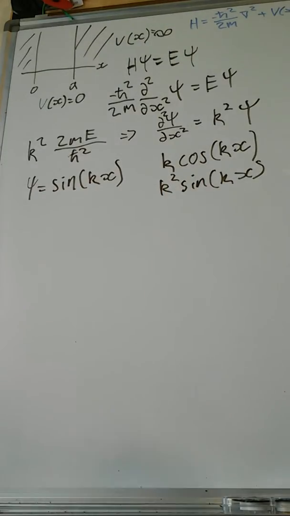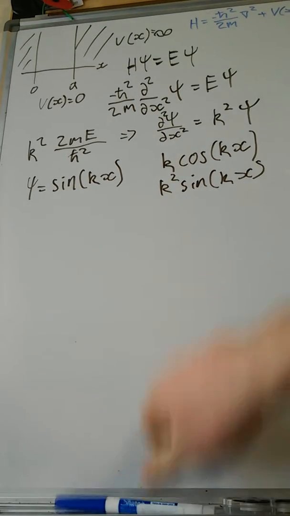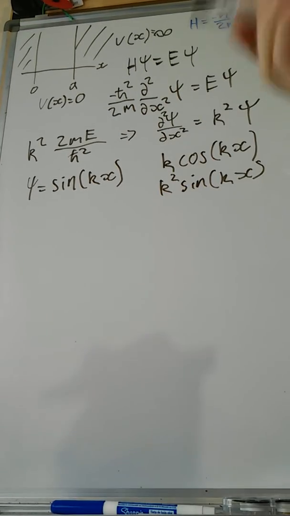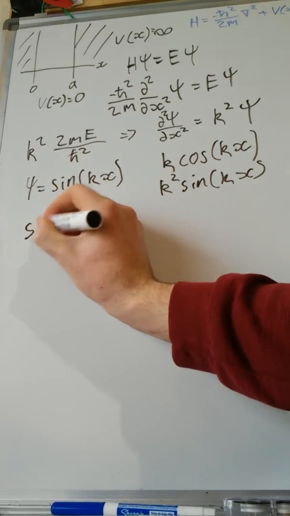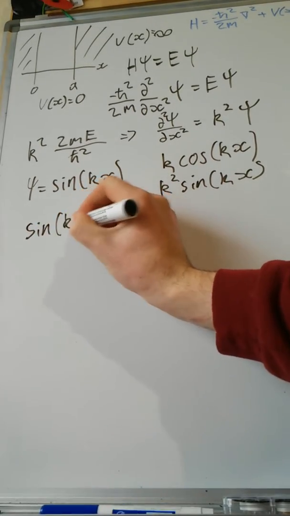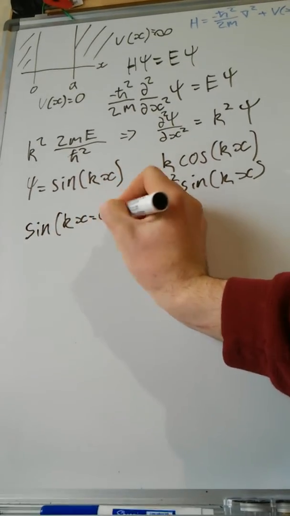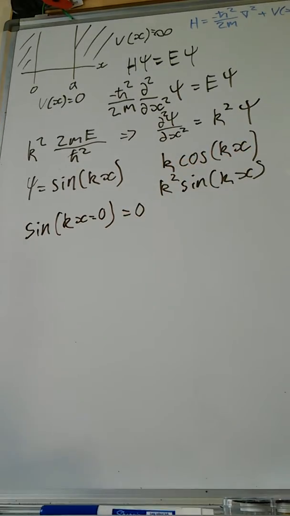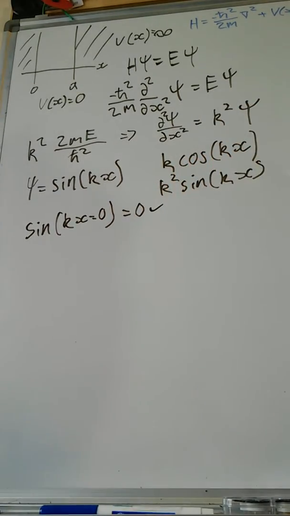So in other words, sine kx equals 0 at x equals 0, and it already does, so that's fine.